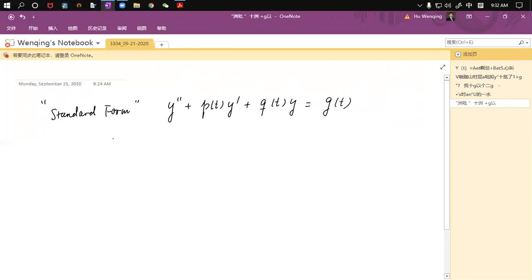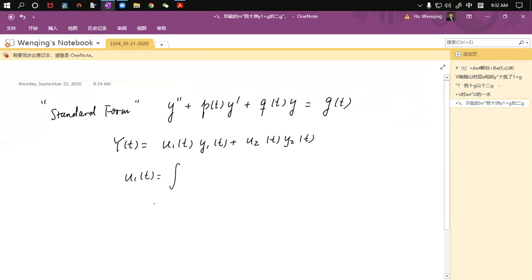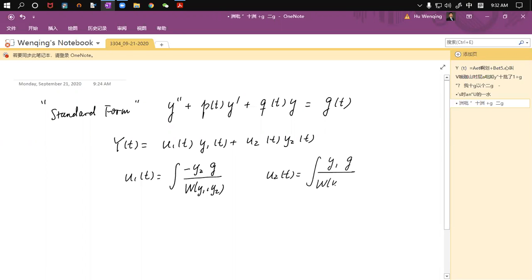You want to try a particular solution of the shape u1 of t y1 of t plus u2 of t y2 of t. The formula for u1 of t is the antiderivative of minus y2 multiplied by g divided by the Wronskian of y1, y2. And u2 of t is the integral of y1 g divided by the Wronskian of y1 and y2.